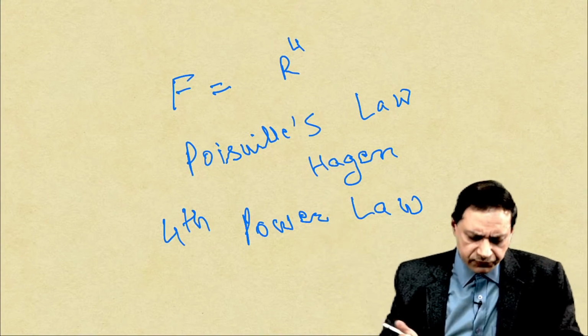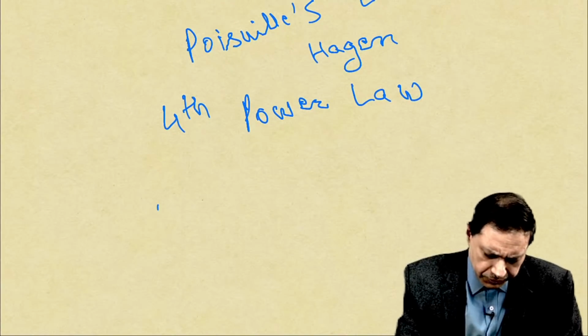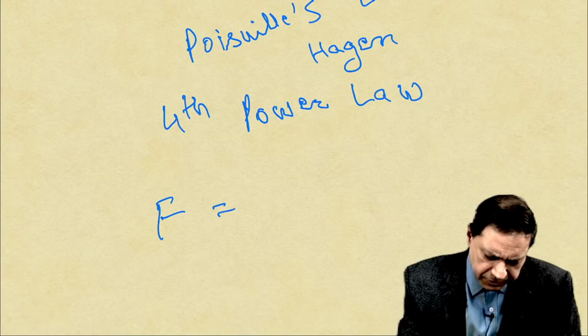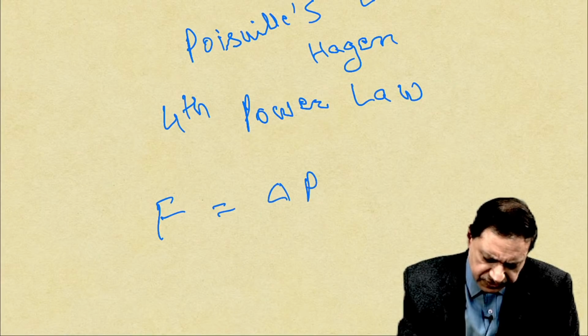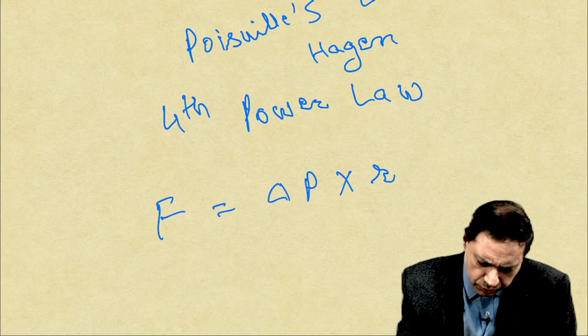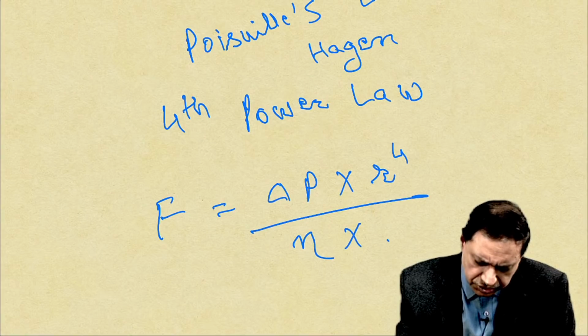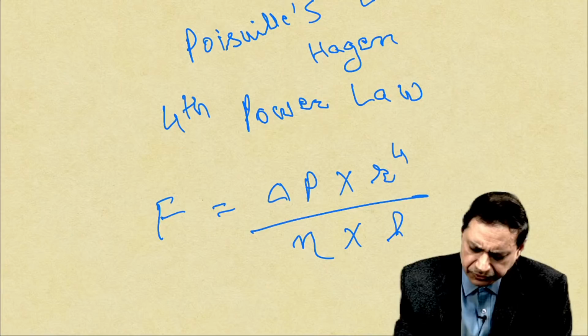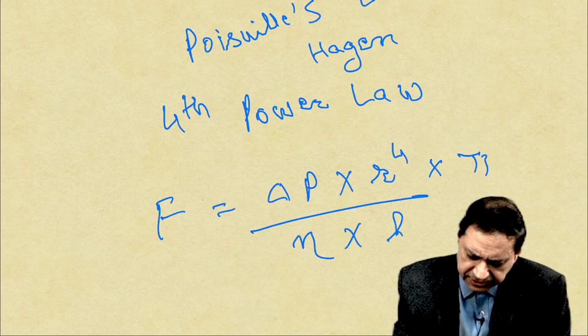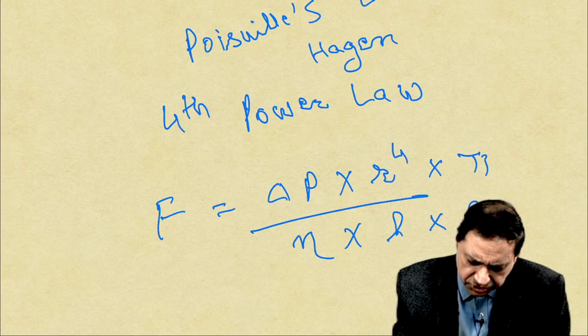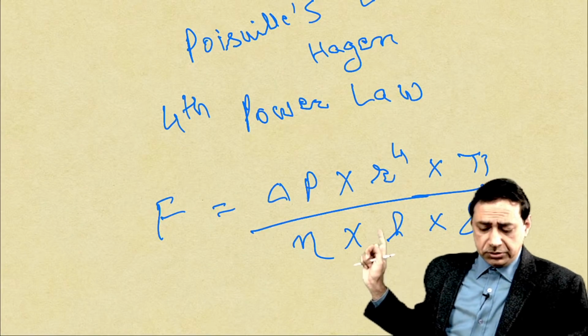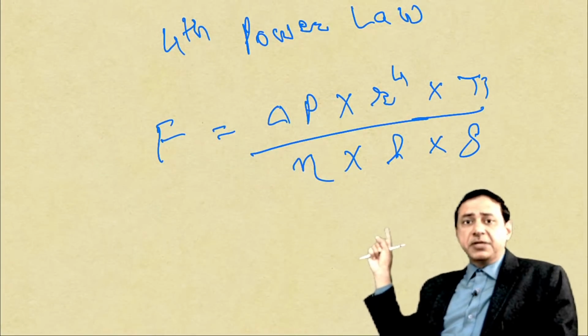R raised to the power 4. Flow depends on delta P. It depends on radius also, raised to the power 4. Inversely related to viscosity and length. And pi by 8 is the proportionality constant. So this law I have explained in my classes.